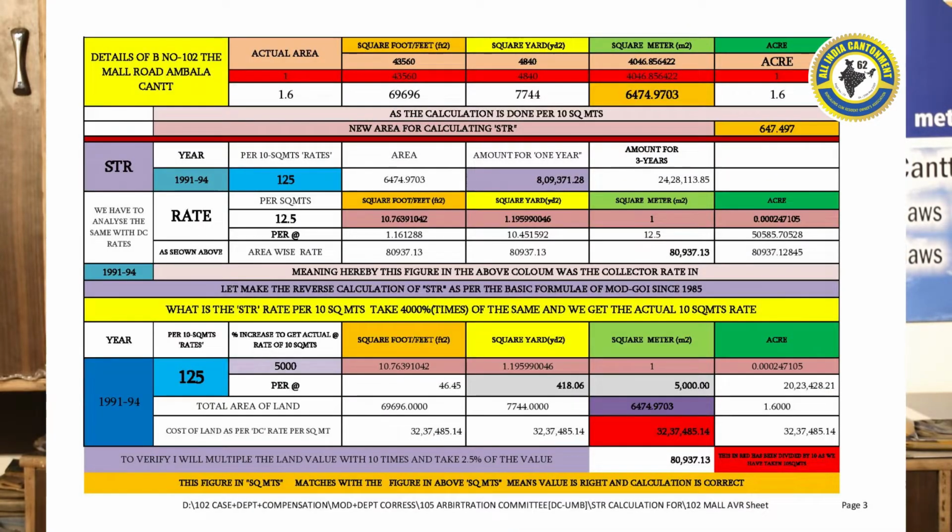Now going back to 1991 to 1994 STR, the government says the STR jumped from 40 rupees to 125. What is the increase? More than approximately 30%. Never mind. What is my per annum rent? Is approximately 80,937. So my 3 years rental would be approximately 2,42,800 something.